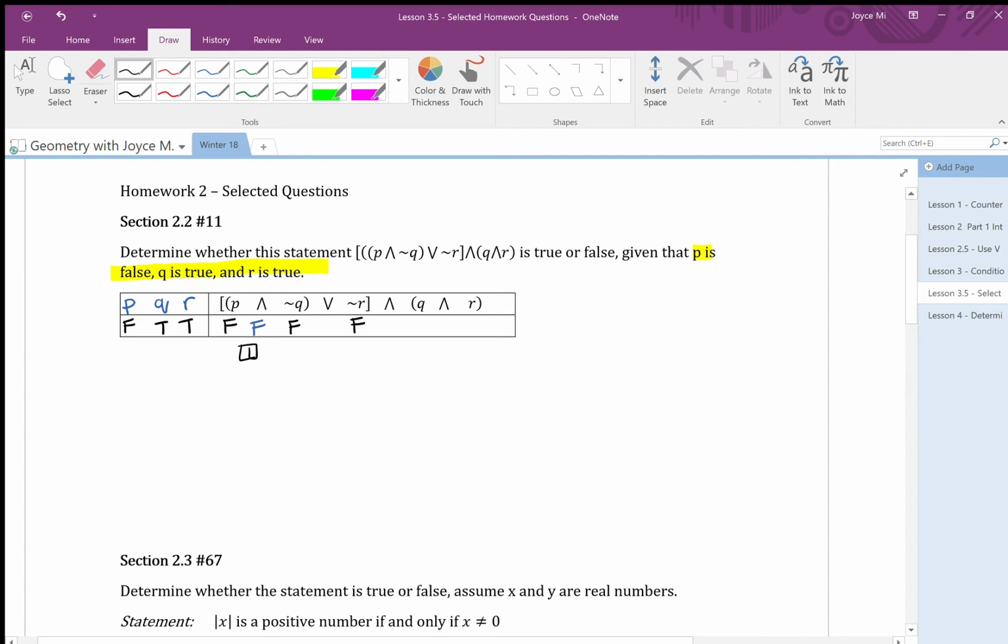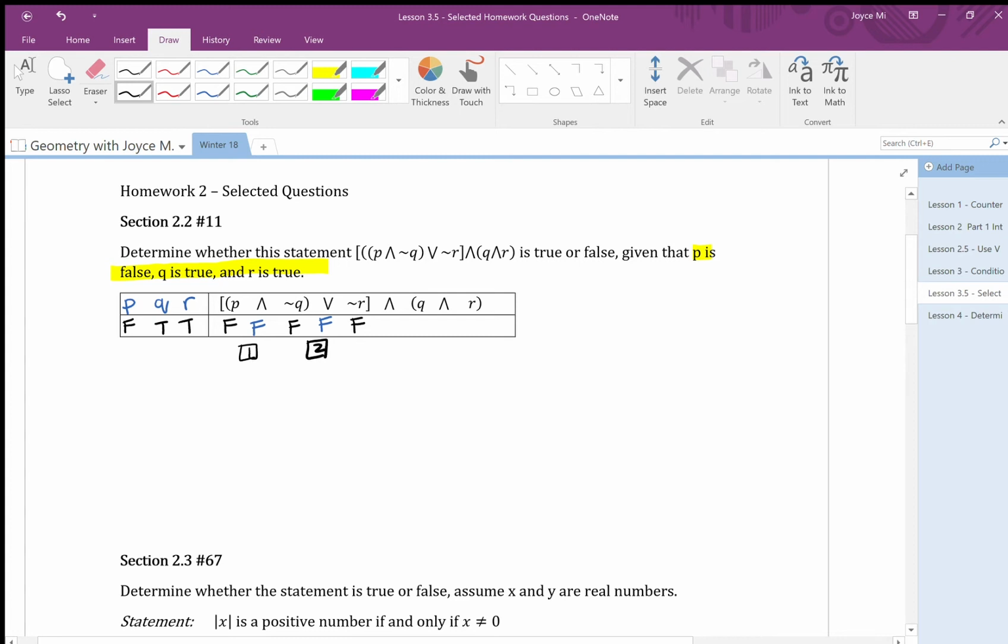Once I finish this negation of R, I look at this OR connecting this component with this component. So in column 1, which gives me the truth value of this compound statement, we have a false followed by a false, and we have an OR. OR is true if at least one of the components is true, but since both are false, this is still false. I'm going to make this column 2.